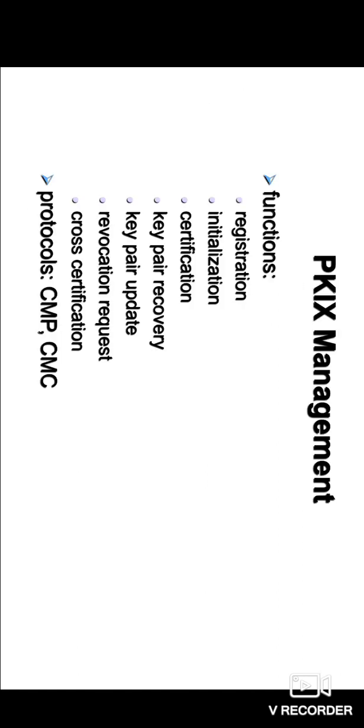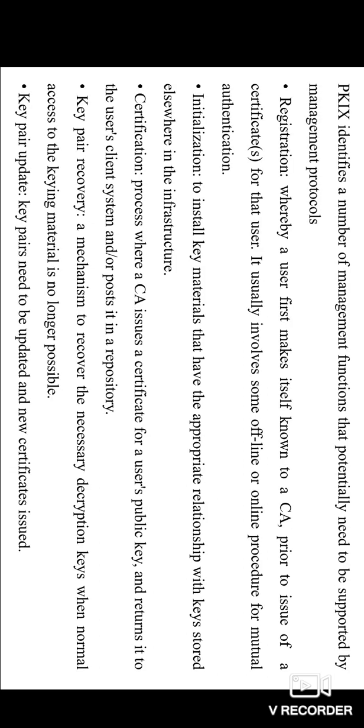Then we move on to PKIX management functions and protocols. So the functions include registration, initialization, certification, key pair recovery, key pair update, revocation request and cross certification. The two mainly used protocols in PKIX are CMP and CMC.